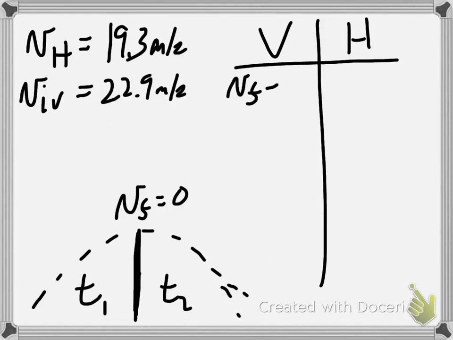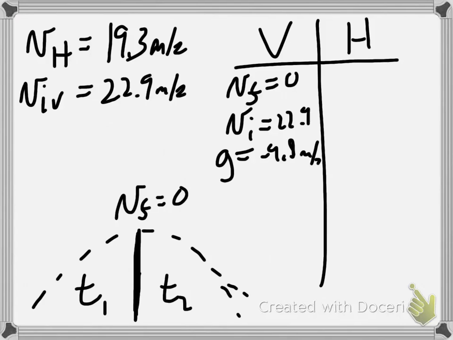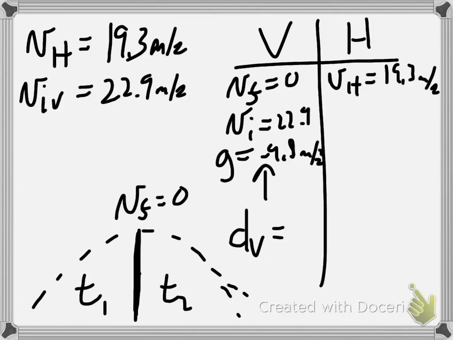So VF equals 0 at the halfway point. VI, vertically, we know is 22.9. We know gravity, or the acceleration, is negative 9.8. And that's all we know. Horizontally, all we know is the velocity, 19.3.